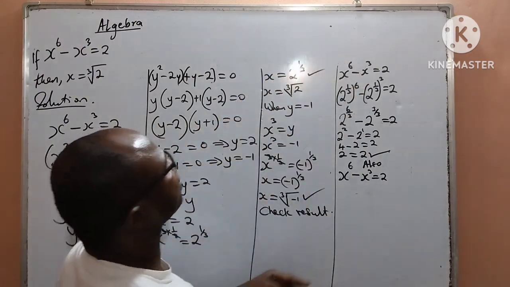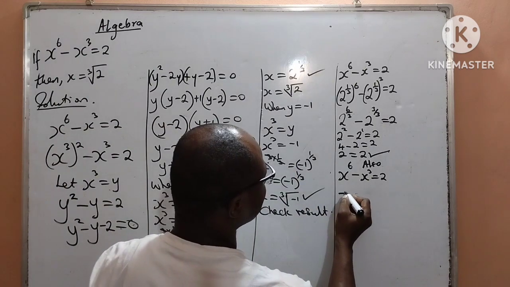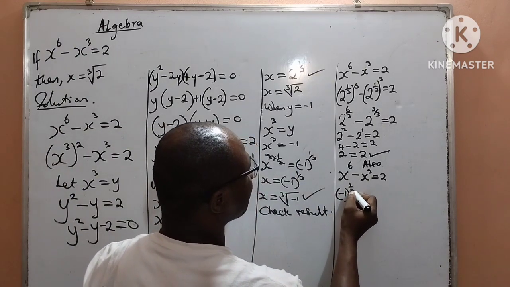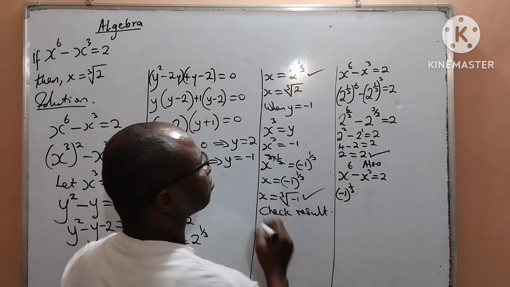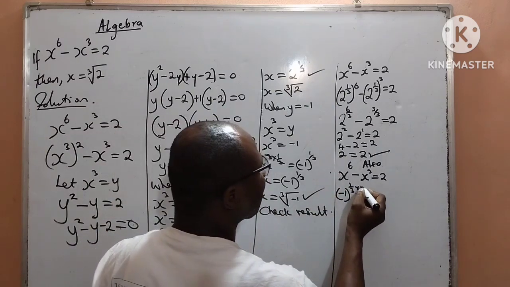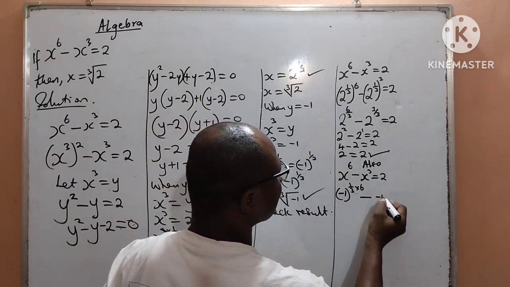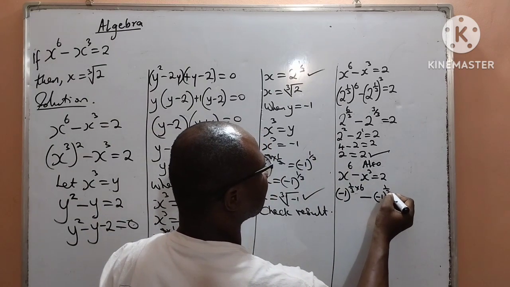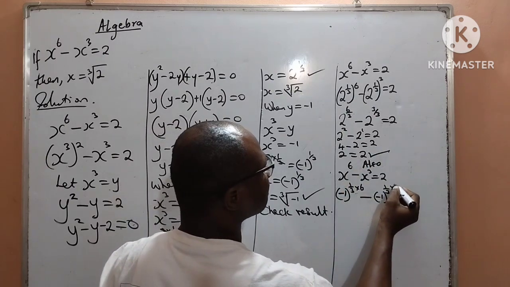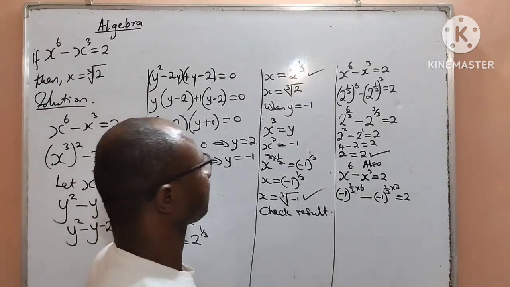When my x is negative 1 raised to power 1 over 3, then negative 1 raised to power 1 over 3 multiplied by power 6 here, minus negative 1 raised to power 1 over 3 multiplied by 3. Is it equal to 2? That is what we want to see.